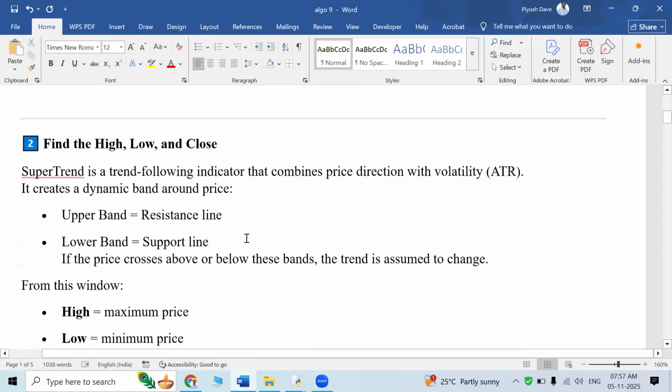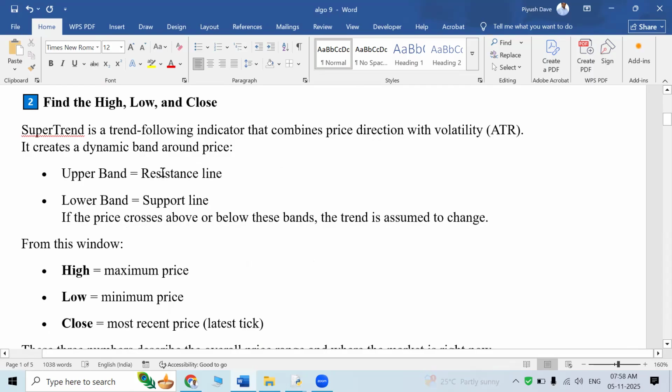Now let me tell you how this super trend is used over here. The super trend is a very simple logic, and it basically follows a trend. I have added one more thing to make sure volatility also plays a role in this algo. The upper band in the super trend is called resistance, and the lower band is called a support line.